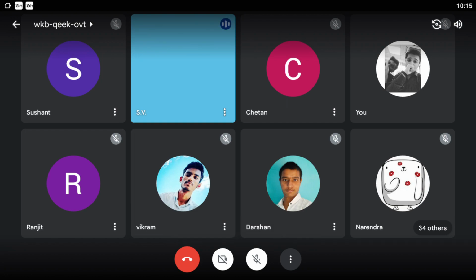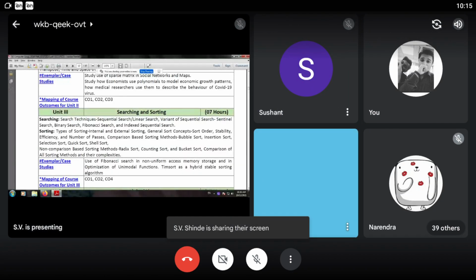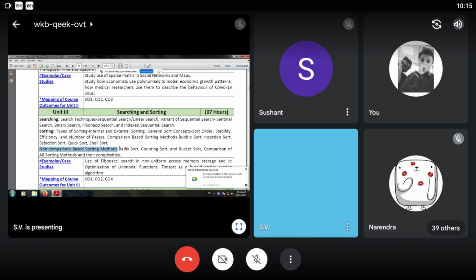So I'll just share the first syllabus copy. Over here, in the last section we have completed the non-comparison based sorting method, that was radix sort.